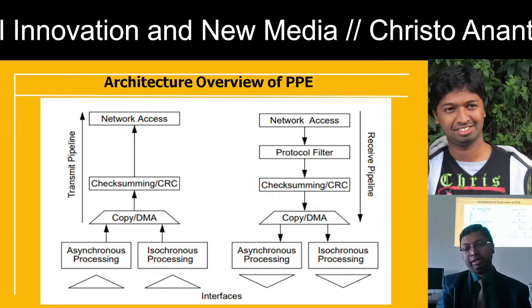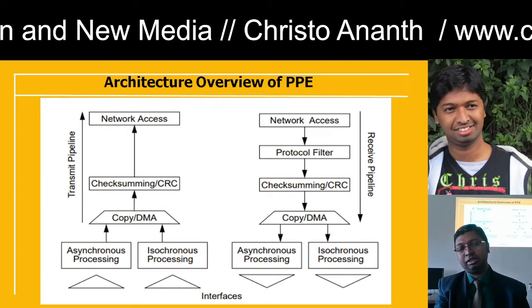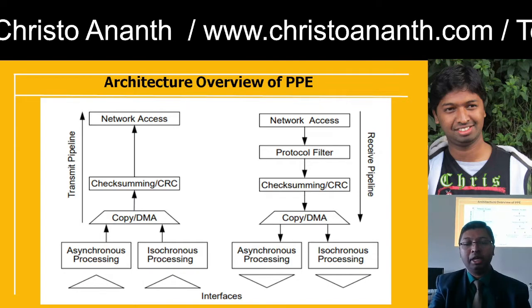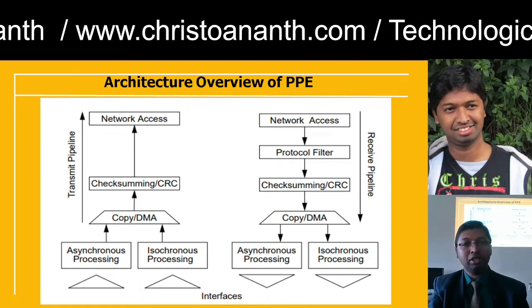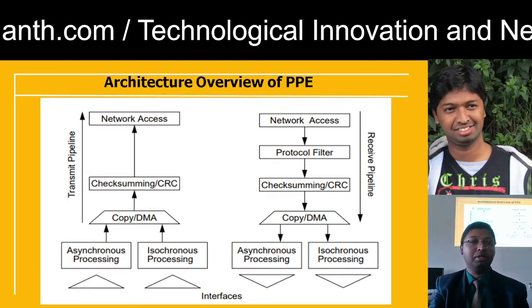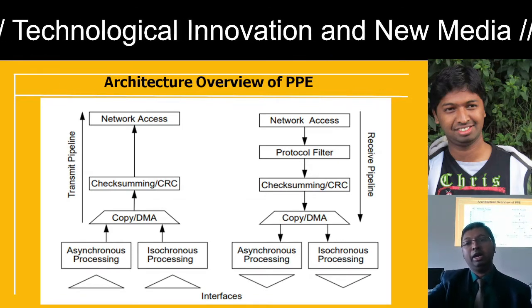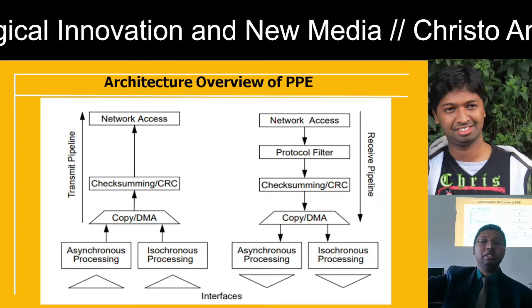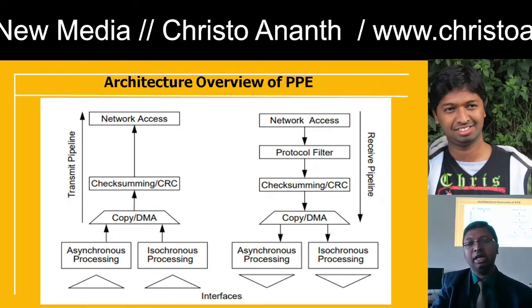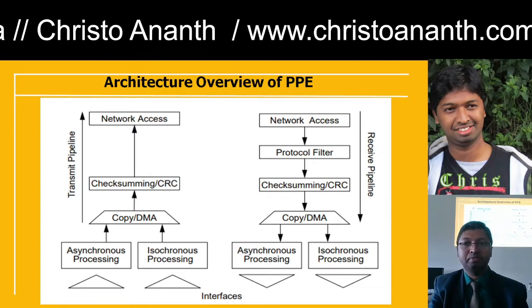You will have asynchronous processing for asynchronous traffic, isochronous processing for isochronous traffic. Okay, and you'll be having copy DMA, checksumming, CRC, and network access as well. Okay, so this is the transmit pipeline. For the receive pipeline: network access, protocol filter, PVF, checksumming, cyclic redundancy check, and then copy DMA.